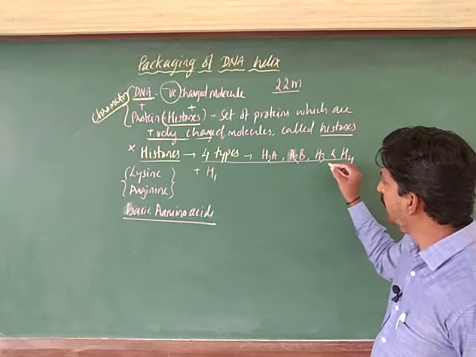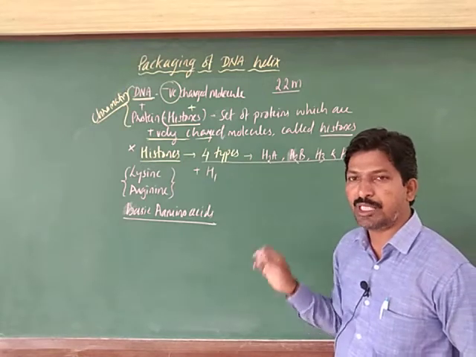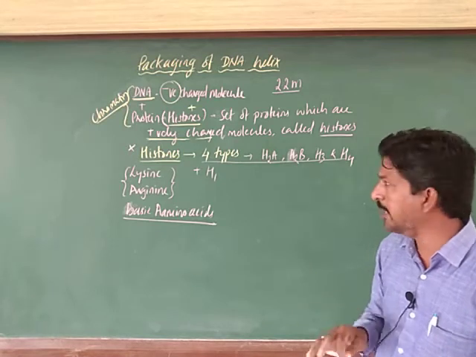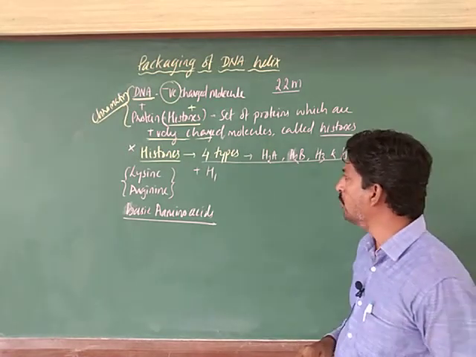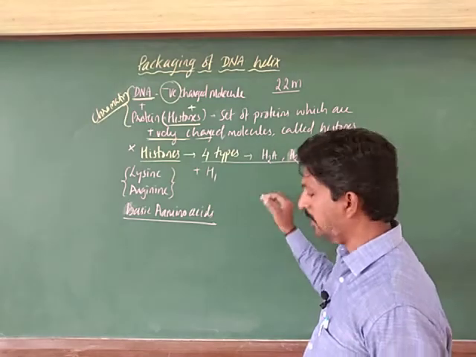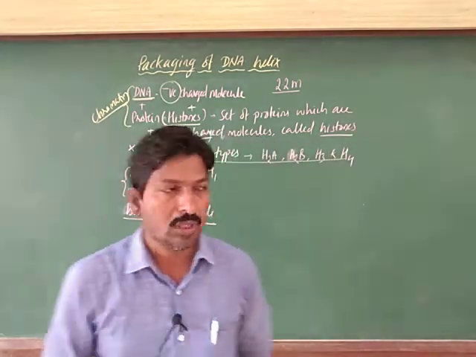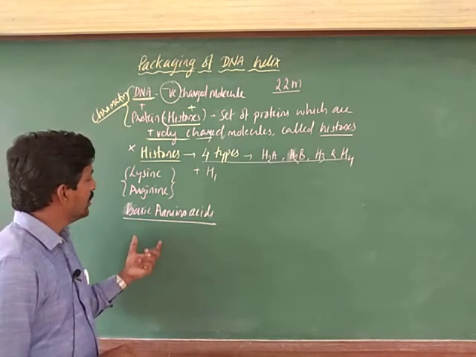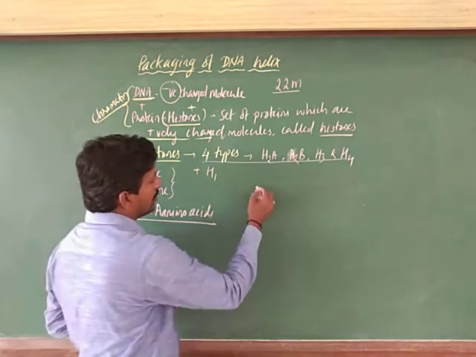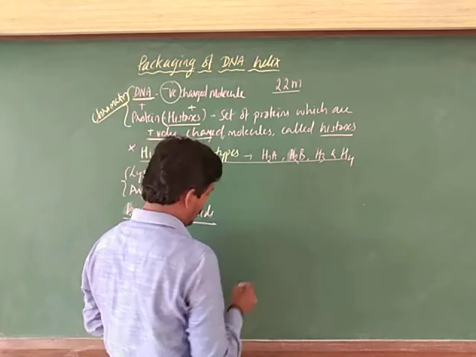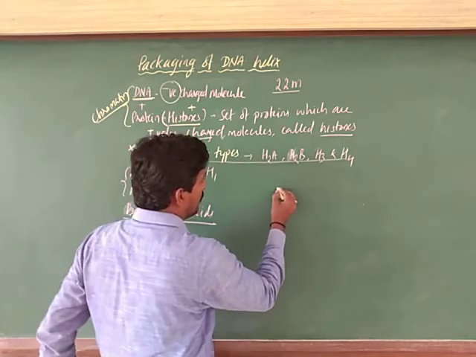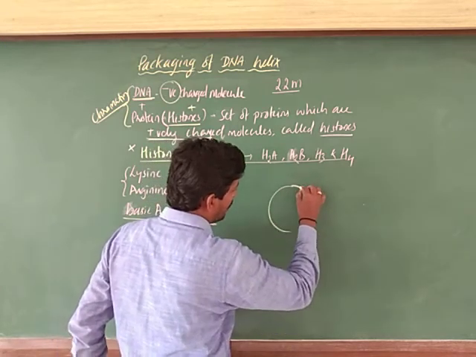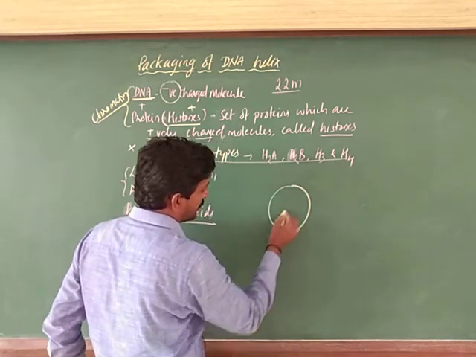Because these 4 types are bound in pairs and make a core, the histone core, which forms the nucleosome. This is the structure of the nucleosome, you can say.